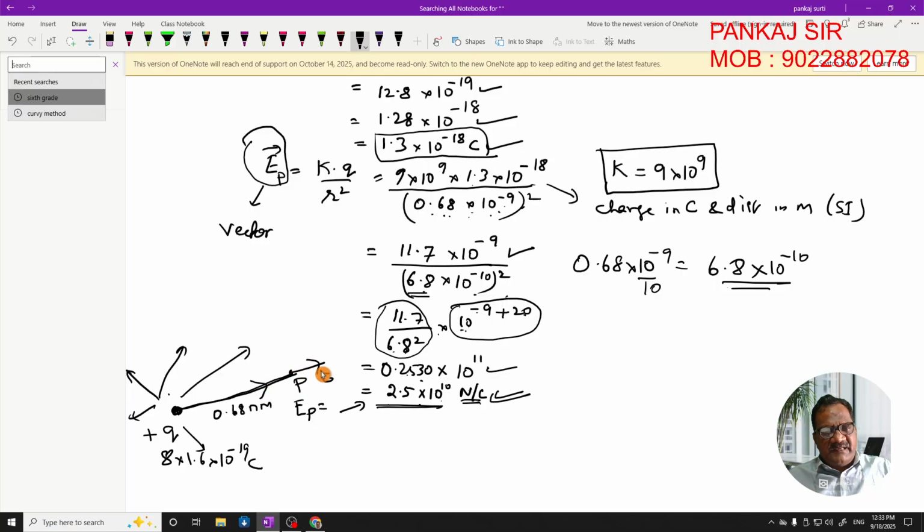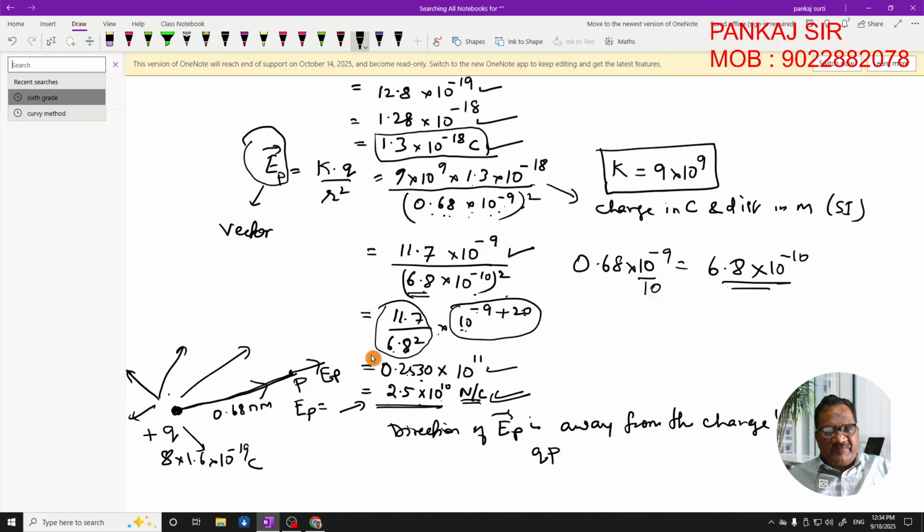So the direction of your EP is away from the charge Q, along the line QP.